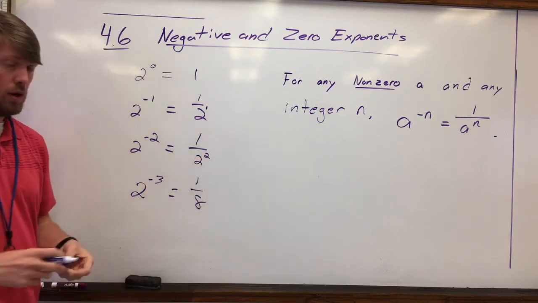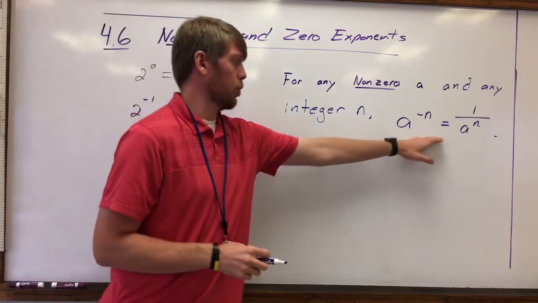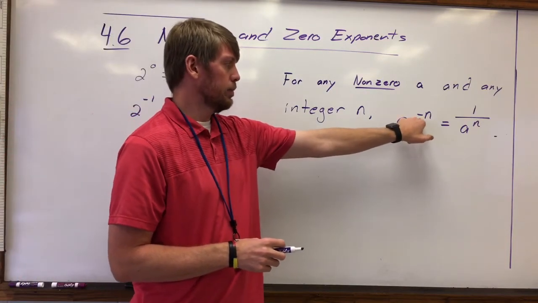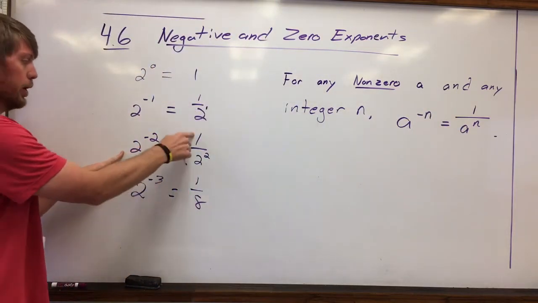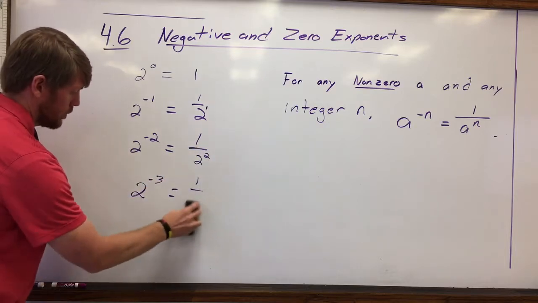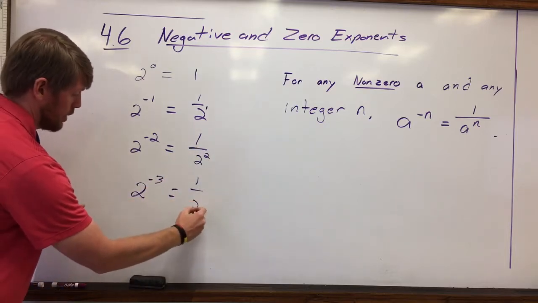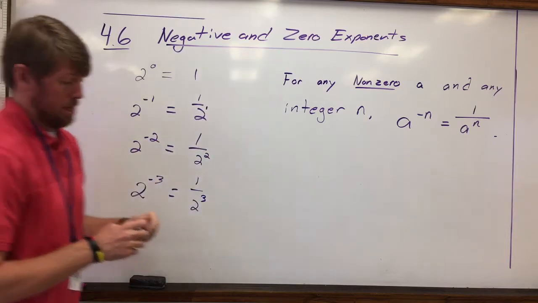It's still 4. It's another way to write it. But that puts it in this form where we have a to the negative n equals 1 over a to the n. So 2 to the negative 2 equals 1 over 2 to the second. And then 8, we can do the same thing because 8 is the same as 2 to the third. So you can see now we've written it in that form.